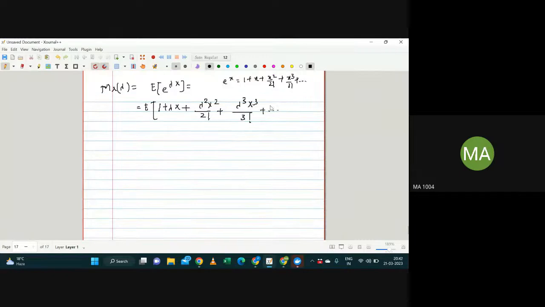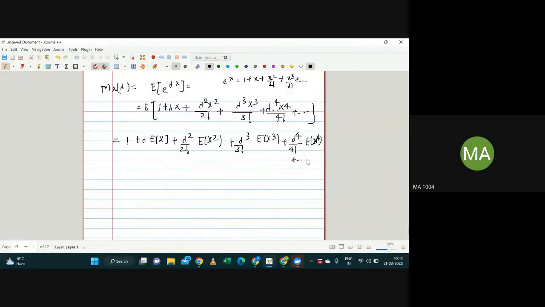Let's say we need the fourth moment, so I'm writing the fourth term also. It will be 1 plus lambda times expected value of X, plus lambda square by 2 factorial times expected value of X square, plus lambda cube by 3 factorial times expected value of X cube, plus lambda to the 4 divided by 4 factorial times expected value of X to the 4, and so on.